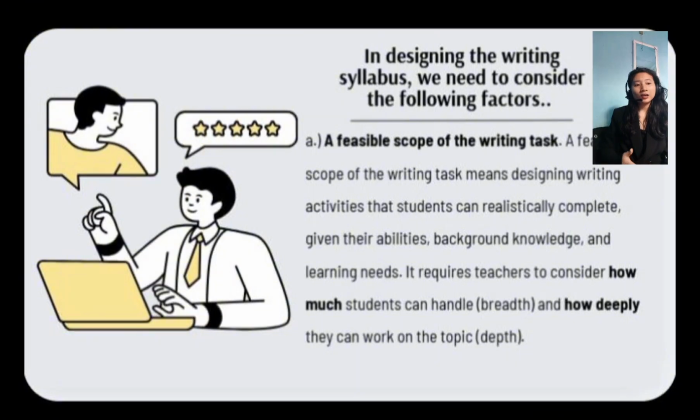First, let's proceed with what students can realistically complete. With a feasible scope, the teacher must consider if the learner can complete the given task, given their abilities. If the student cannot do a given task, how will they submit or accomplish it? So the teacher must consider the needs of the students, their abilities and skills, and whether they can manage.